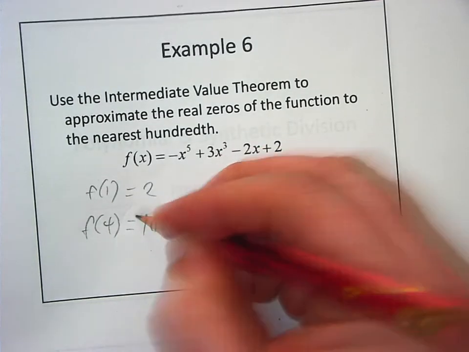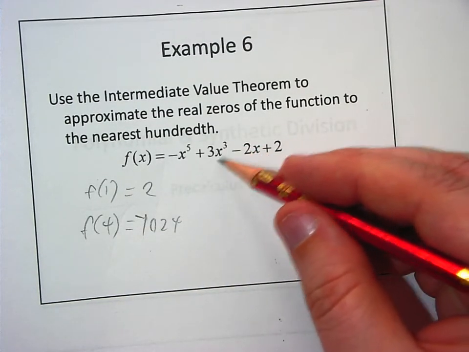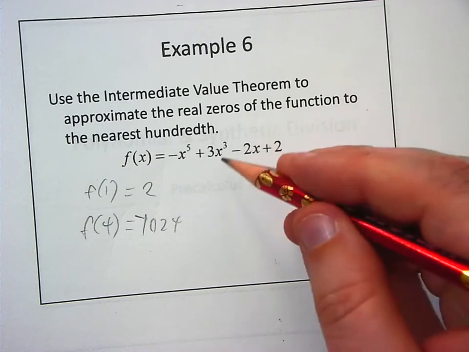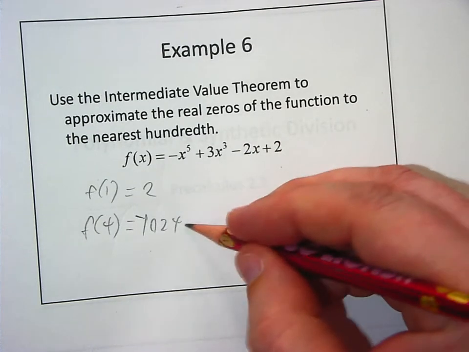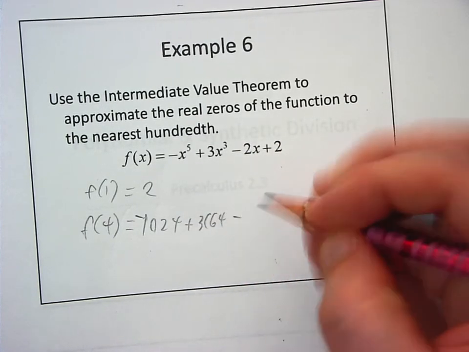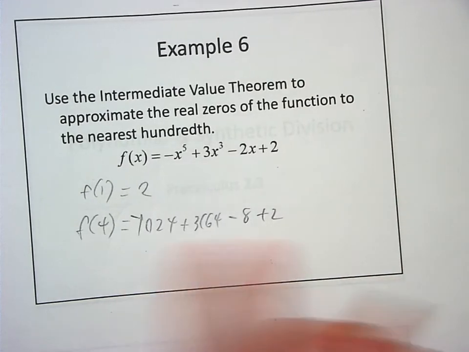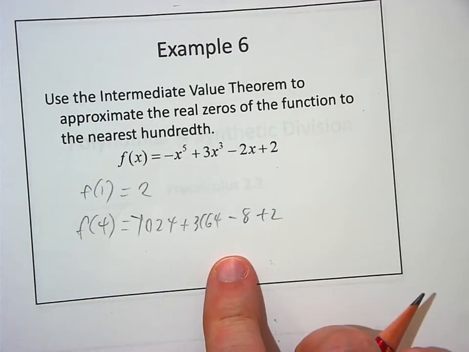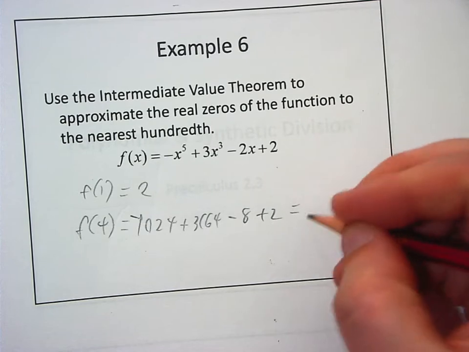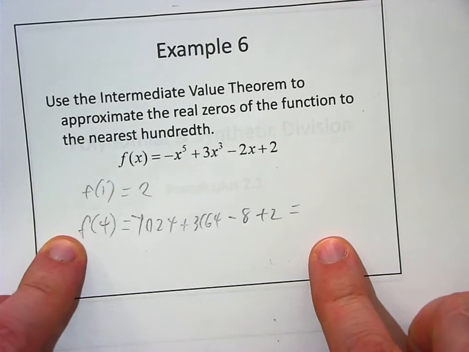But notice that's negative. Then 3 times 4 to the 3rd. What's 4 to the 3rd? 64, minus 8 plus 2. Is that going to be positive or negative? It's going to be negative. Some negative number here. So the idea is somewhere between 1 and 4 I have a 0.